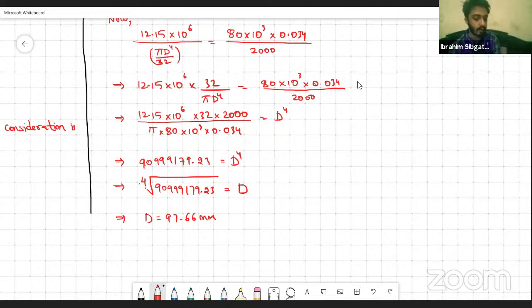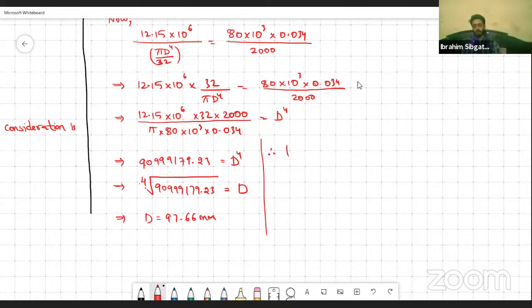Then over there I will write down the value that I have got, 9099179.23, and equal to, and I am getting the answer as 97.66. Okay, 97.66 is the answer. Then you just have to write down the sentence.